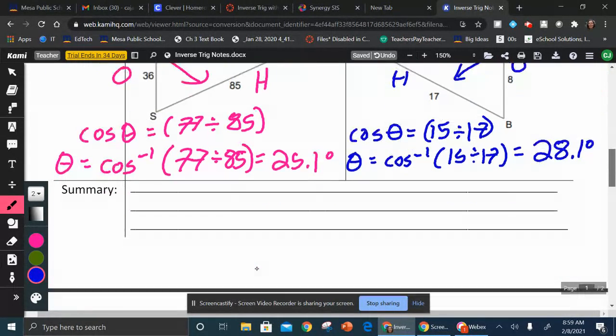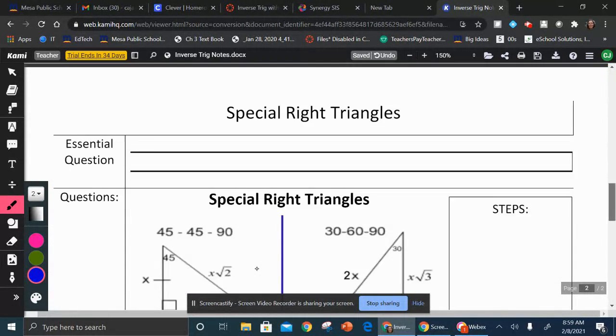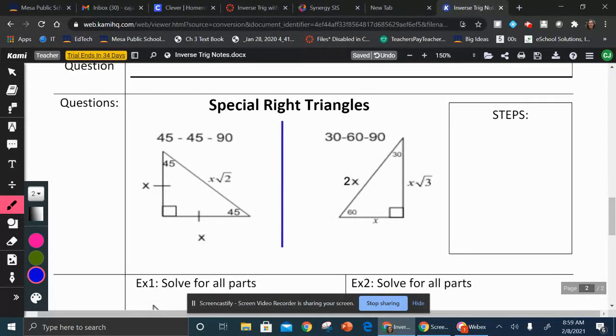I'm just going to go over this briefly if you wanted to know about special right triangles. So we have 30, 60, 90 and 45, 45, 90. Decide which one to do and solve.